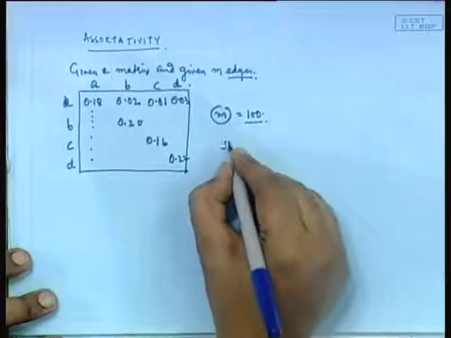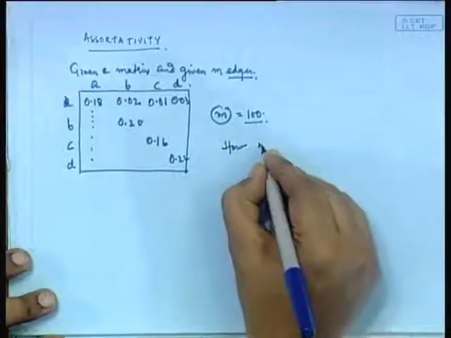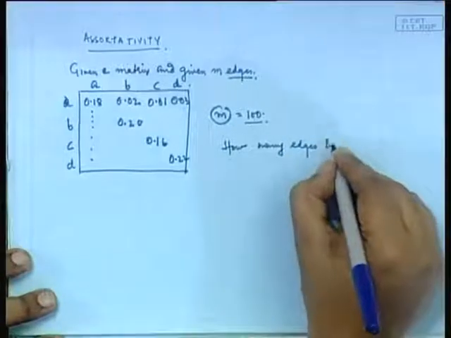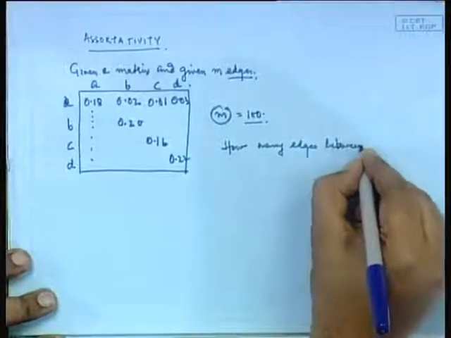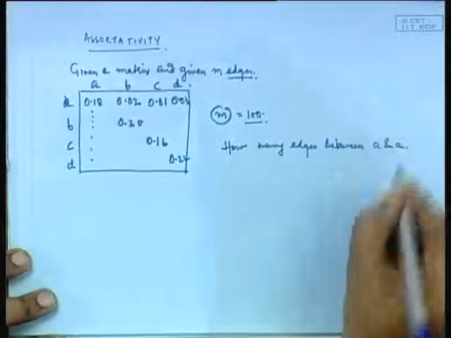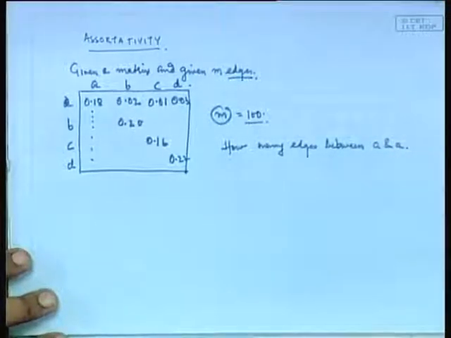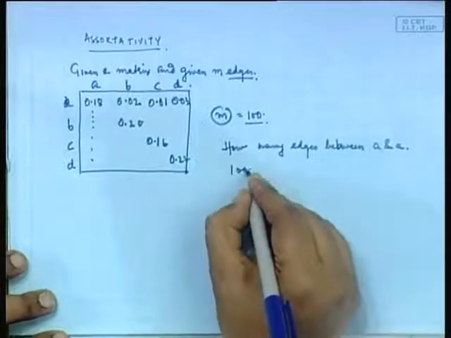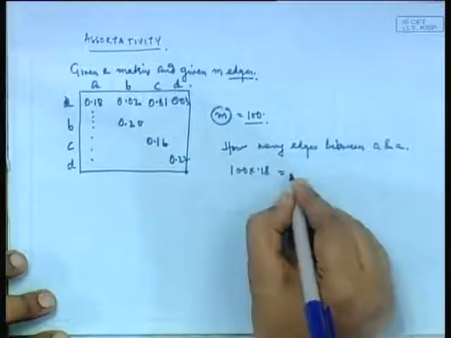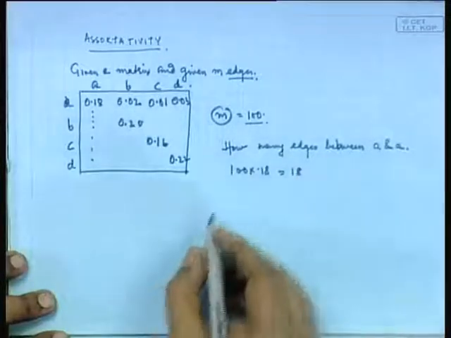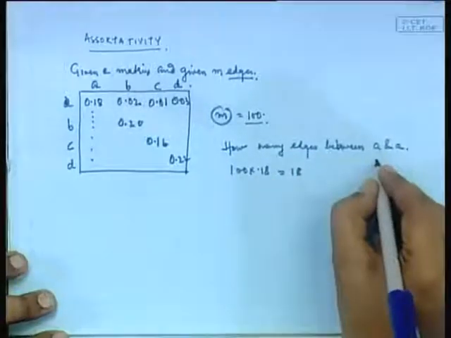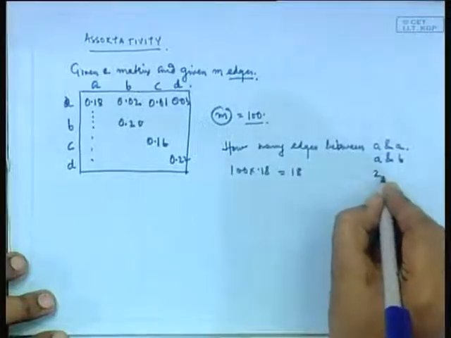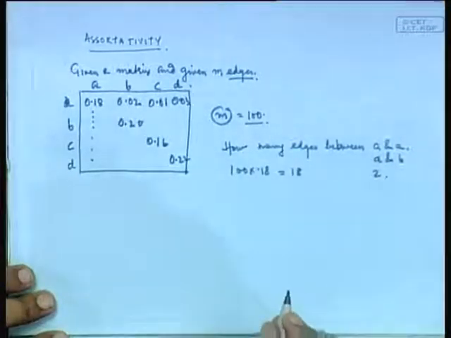So, how many edges between type A and type A? So, 100 into 0.8, 18. Okay. Then how many between say A and B? 2. So, this is clear.